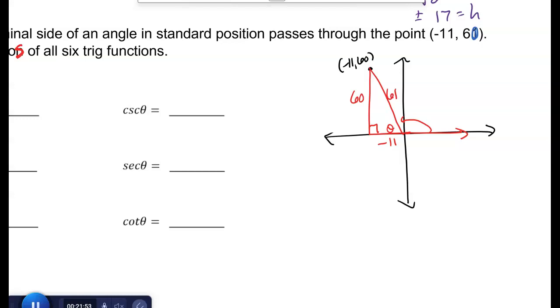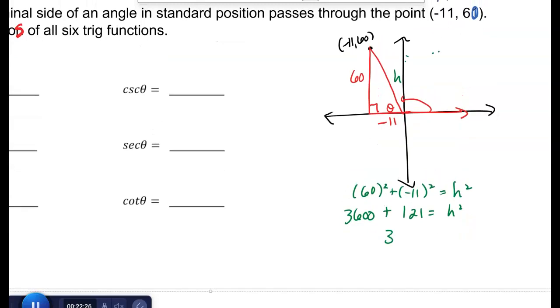If I didn't know that was 61, those of you who had me as a teacher, I would go like this and go triple with a what? Smiley face, just to prove that I knew my triples. But if that's not the case, you have to be able to do your Pythagorean theorem. So, leg squared plus leg squared, put the negative in parentheses or it will be wrong, equals the hypotenuse squared. So you get 3600 plus 121 equals hypotenuse squared, and that's 3,721 equals hypotenuse squared.